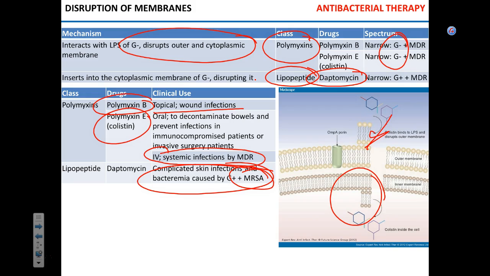Does that make sense? So they have a high level of side effects because of the mechanism that they have. That makes sense. Got it? So regularly we can use them for skin infections because it's not systemic use, it's topical use. Any questions?